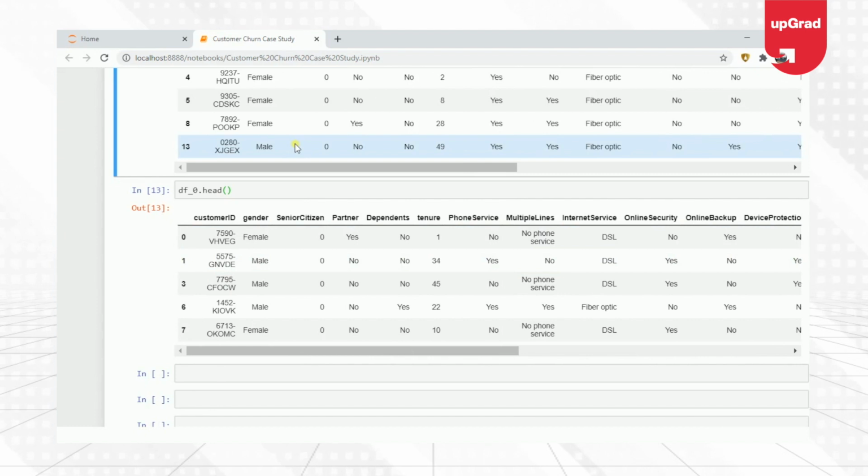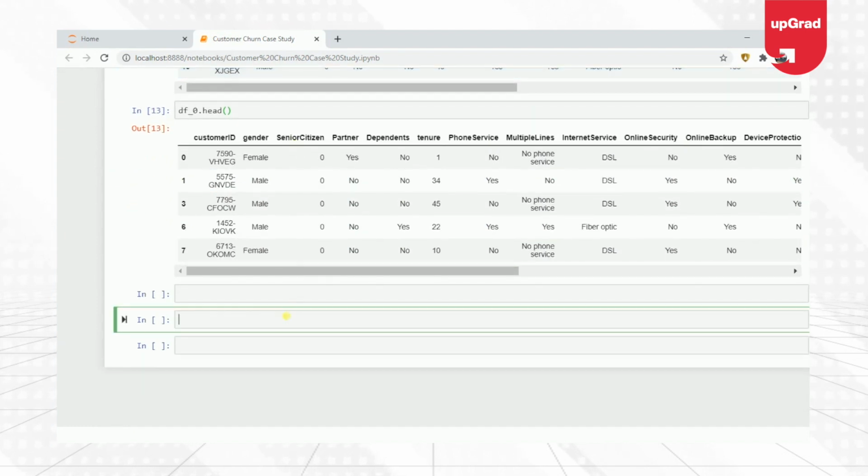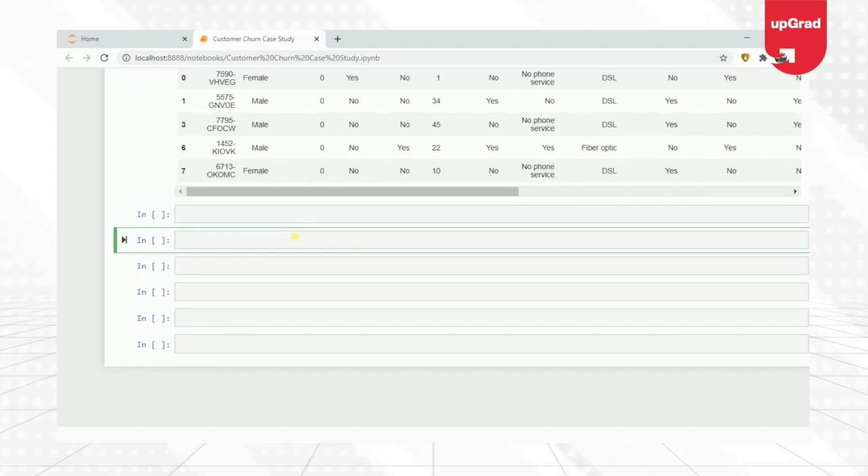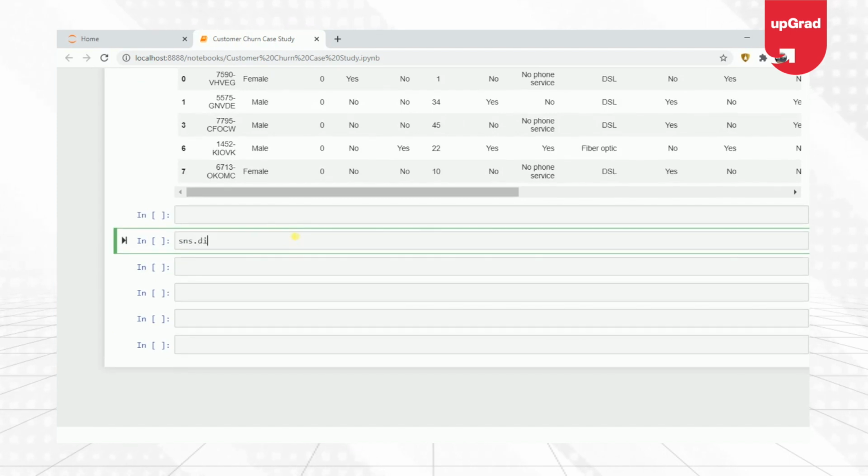So first of all, let us do univariate analysis on the data, and here we are going to plot monthly charges. We're going to observe the behavior of customers based on their monthly charges.